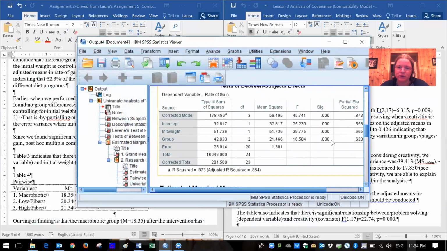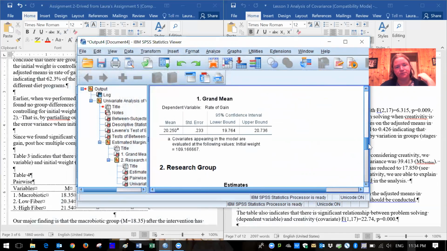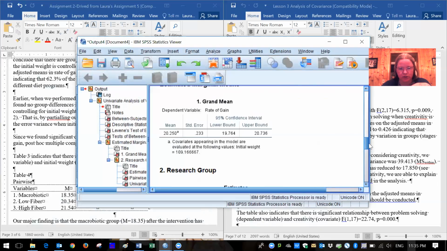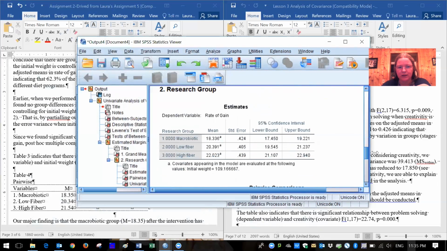And then click OK. So when we do that, our group differences are still saying that we have group differences. And here's just a summary of the grand means. And then here are the means once they were adjusted. Notice that these means are slightly different than the means that were up above.